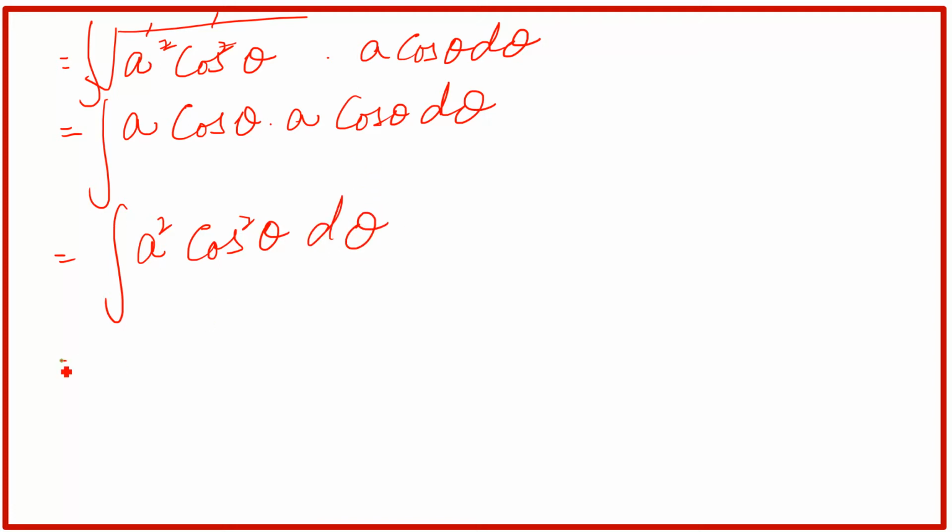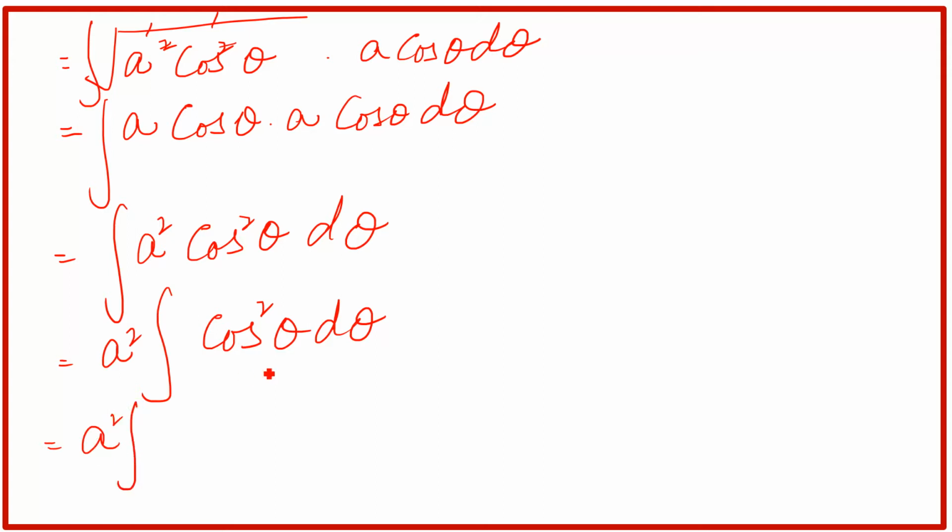Right, a square is constant, we can take it outside the integral sign. We have cos square theta d theta left here. For cos square theta and sine square theta, we cannot do the direct integration. So what we will do, we will put the formula here: cos square theta is equal to 1 plus cos of 2 theta, the double angle, multiplied by the constant term 1 over 2, d theta.